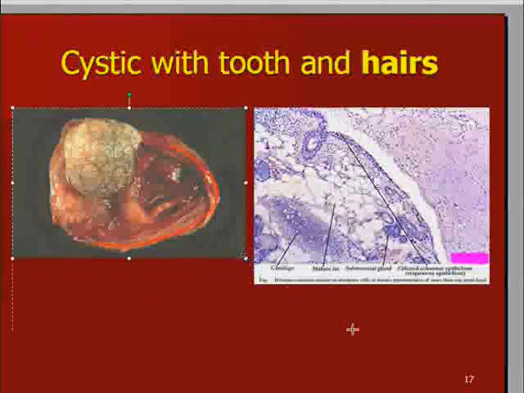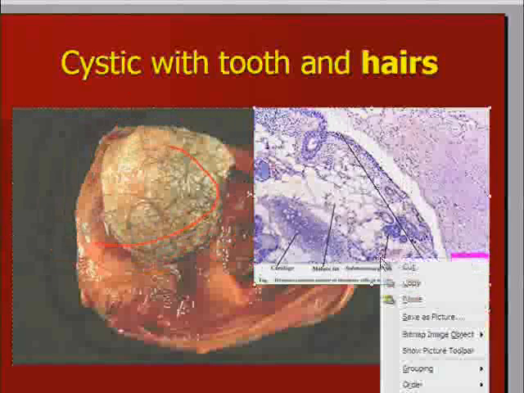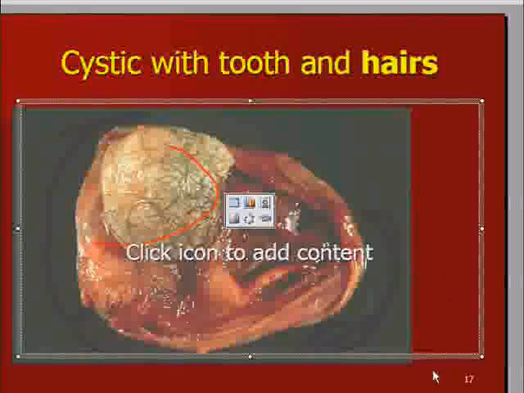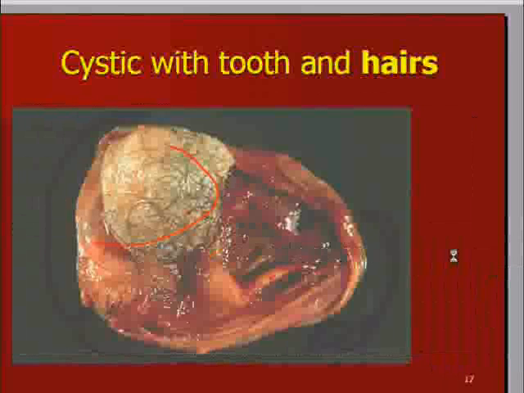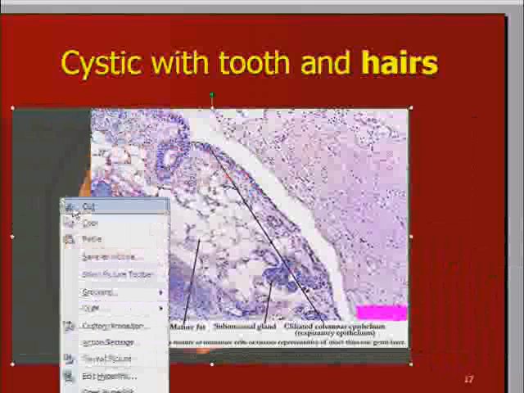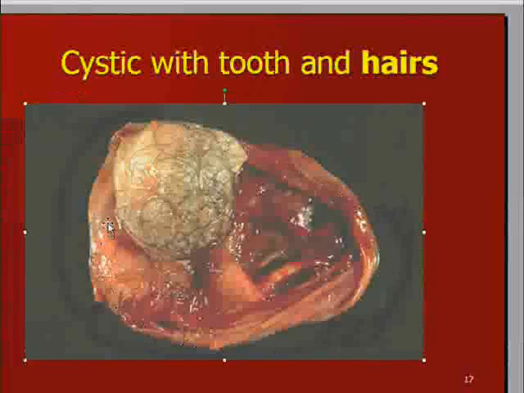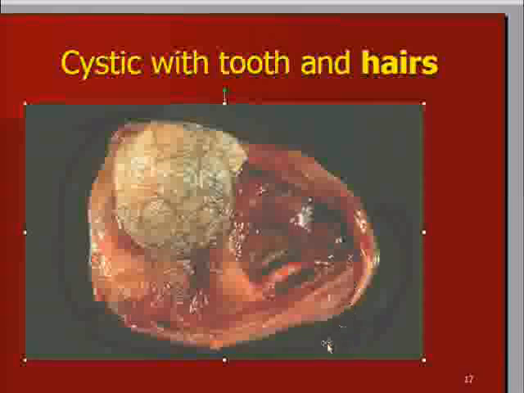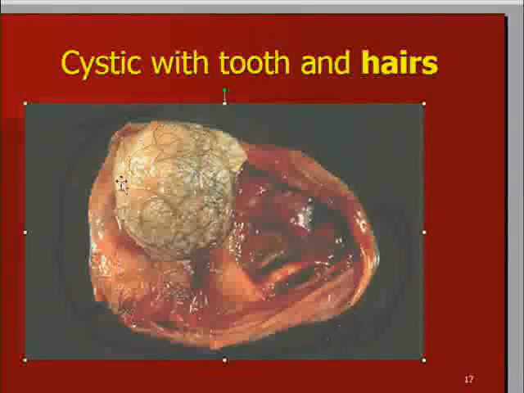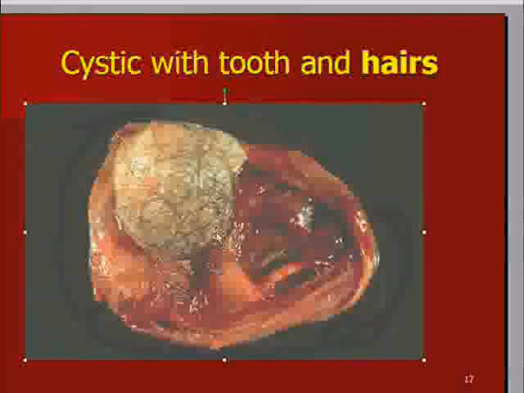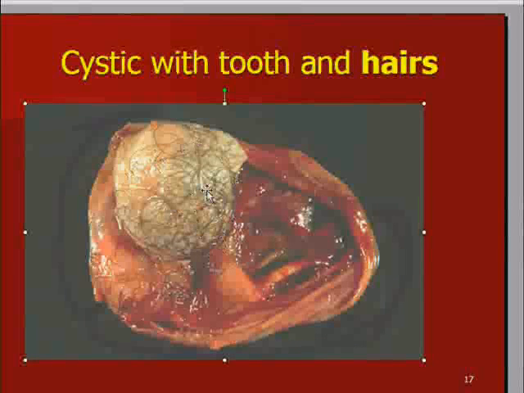This is how it looked like. You can see the big picture. I am trying to make it bigger. You can appreciate the big cystic appearance of the tumor. You can see this big ball-like structure with a lot of hair inside.